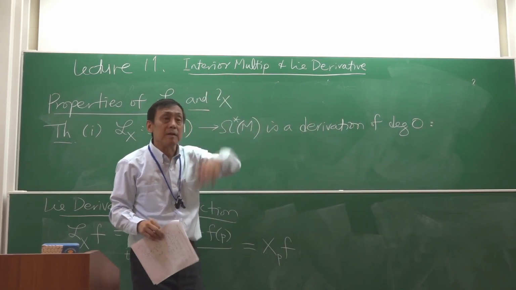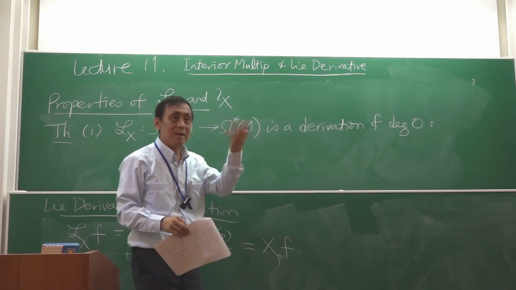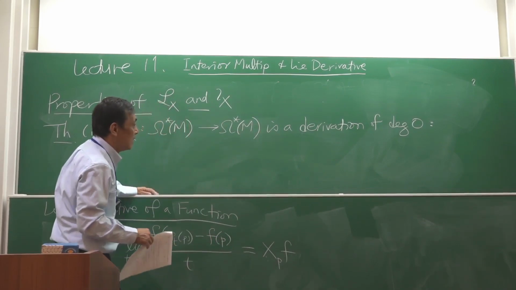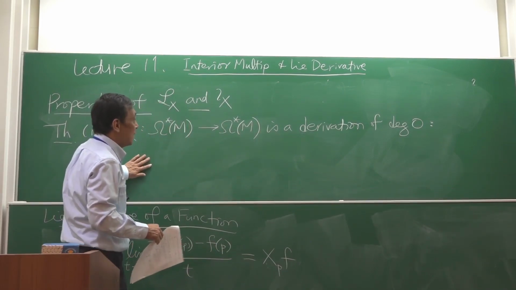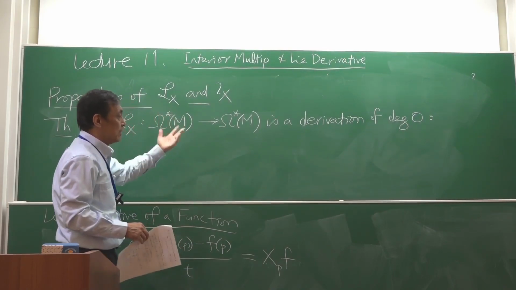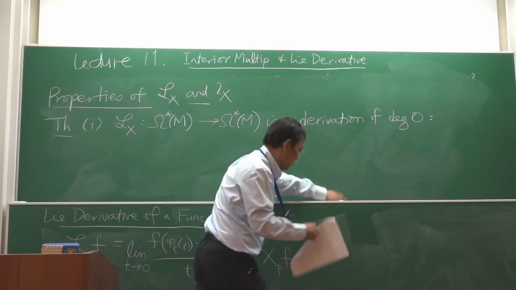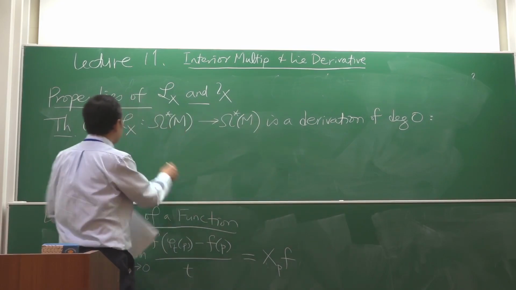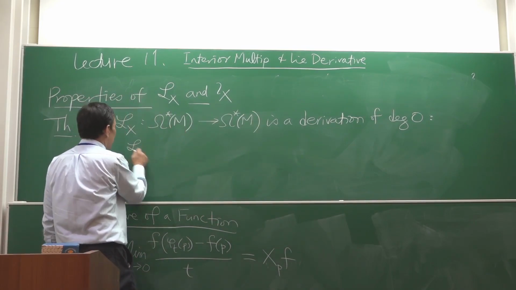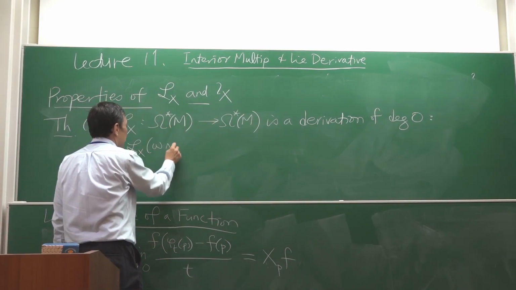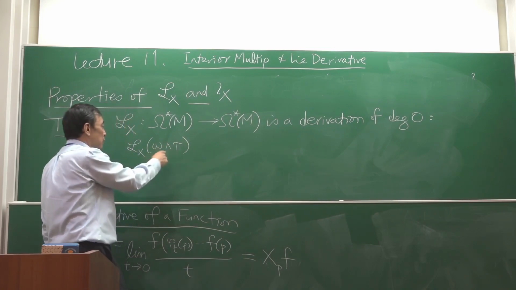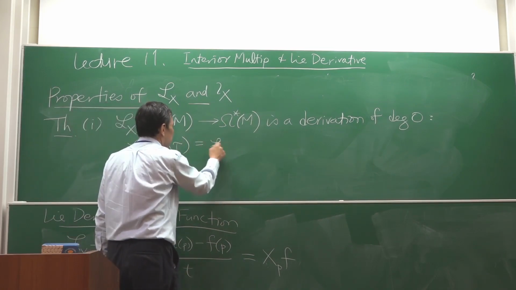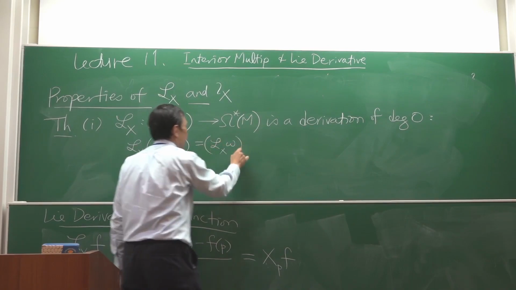It has degree 0 because it does not increase the degree. Okay? It does not increase or lower the degree, so its degree is 0. And to say that it's a derivation means that if you have the wedge product of two differential forms, then it satisfies the product rule.